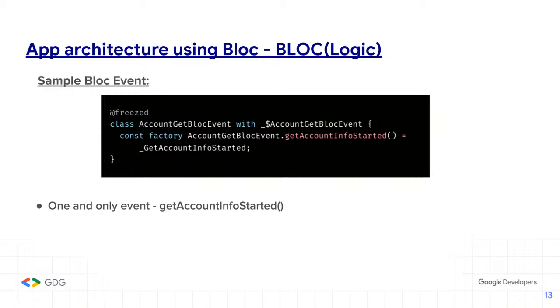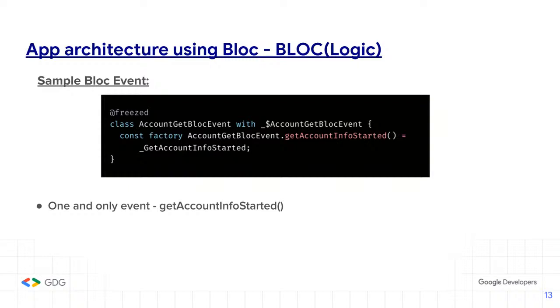Like I said earlier, do not try to add all of the events into one bloc. Have dedicated blocs for every feature. In this way, you can control things. Even something like get account info should have its own dedicated bloc, like how I have here an event that makes the call to the get account info API method.